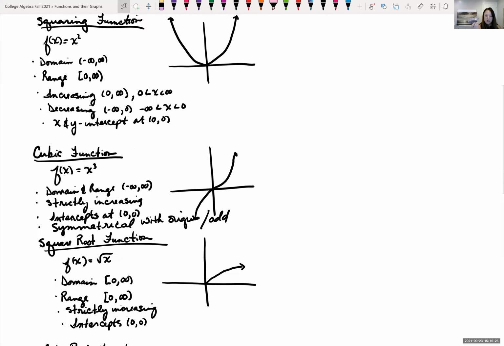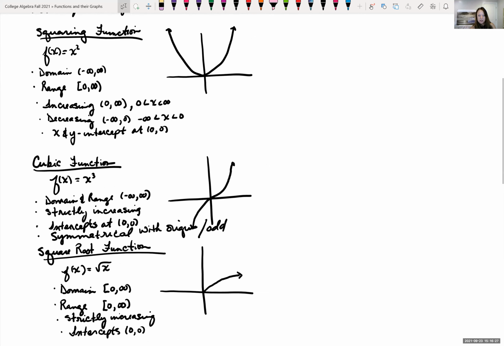Notice our square root function, that one is symmetrical with the y-axis. And that was an even function. So symmetrical with the y-axis, and it's even.